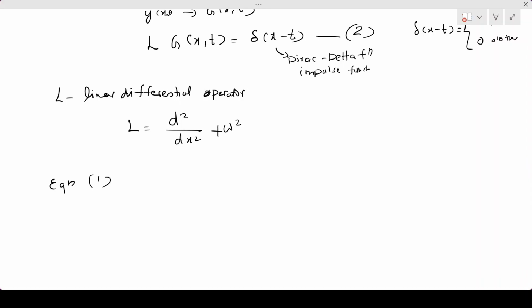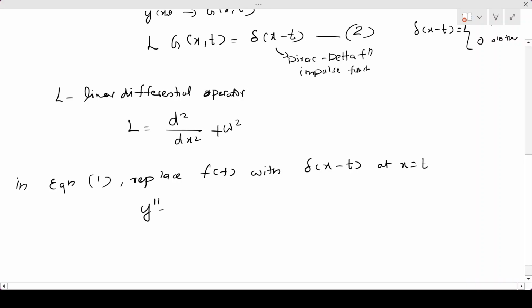So in equation 1, if I replace f of t with delta x minus t at x is equal to t, then that equation becomes y double dash plus omega square y is equal to delta x minus t.